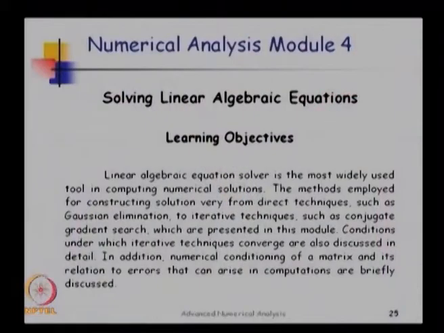After having transformed the problem, we now begin our journey into tools. The first tool that we are going to look at is solving linear algebraic equations. Here, you might wonder, we have been solving linear algebraic equations since school days, so what is so new about it, what am I going to learn about it?